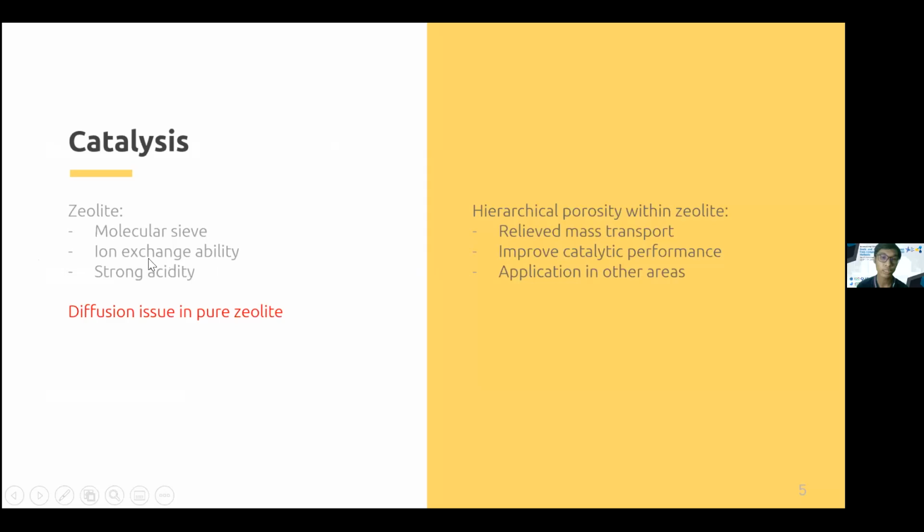Zeolite also has ion exchange ability that leads to strong acidity. But there is a difference, and this affects the catalytic performance. And that's all for my presentation.